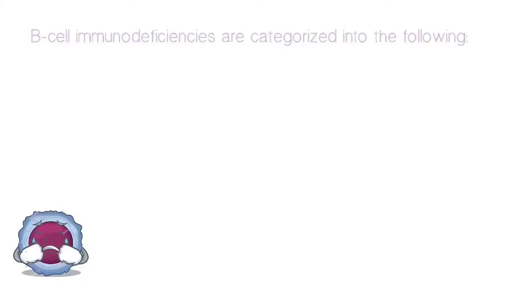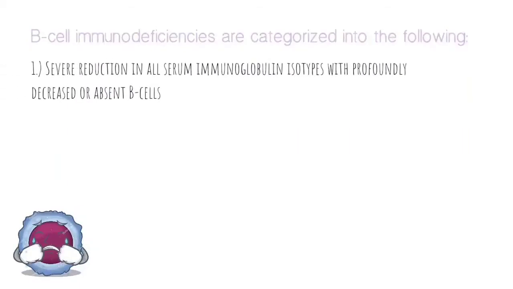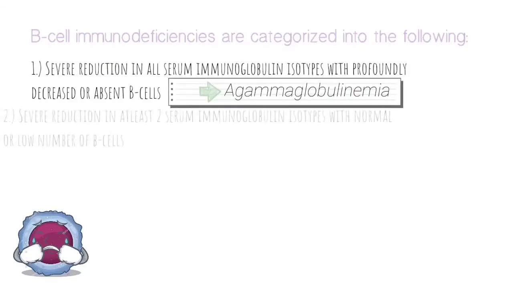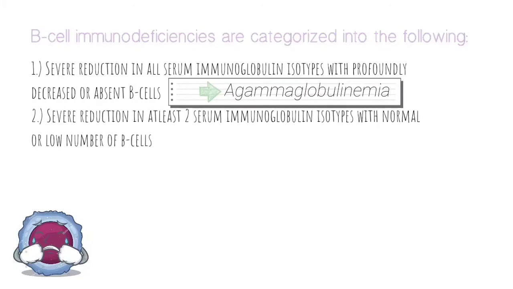B-cell immunodeficiencies are categorized into the following. Number 1, a severe reduction in all serum immunoglobulin isotypes with profoundly decreased or absent B cells, recognized as agammaglobulinemia. Number 2, severe reduction in at least 2 serum immunoglobulin isotypes, typically IgG and IgA, with normal or low number of B cells.